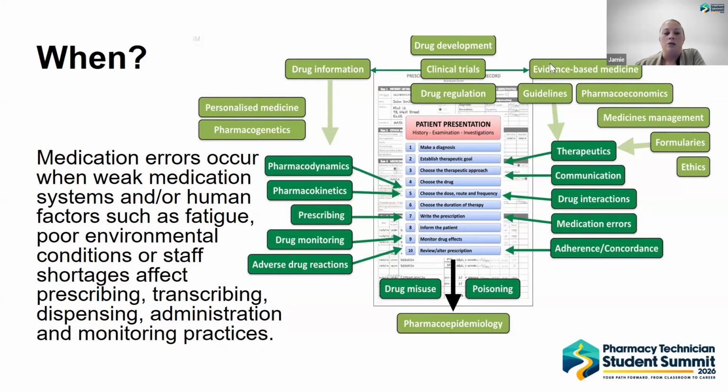So medication errors occur when there's a weakness within the medication system, and when there are human factors such as fatigue and poor environments. There can be conditions, of course, that all of us or most of us who have been in the field can relate to: shortages, not just staff shortages, but medication shortages.